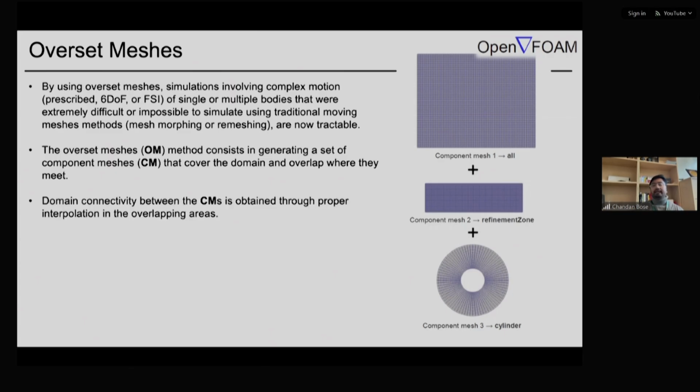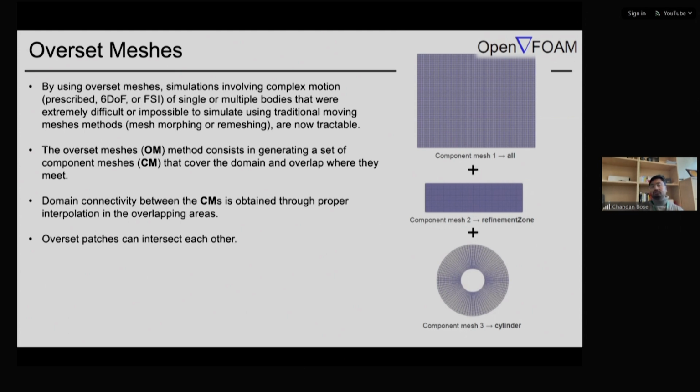There is a connectivity between these three component meshes, but they are not connected through the mesh, but through the solution, in terms of interpolation between these overset surfaces, which are basically the outside surface of each of these meshes. And it is very interesting that overset patches can intersect with each other.